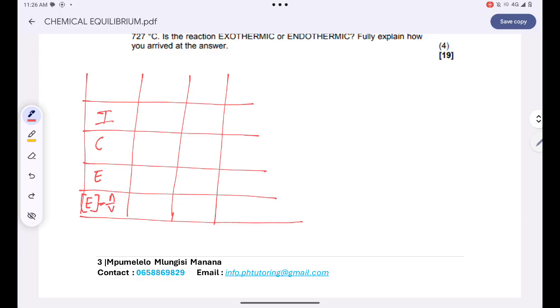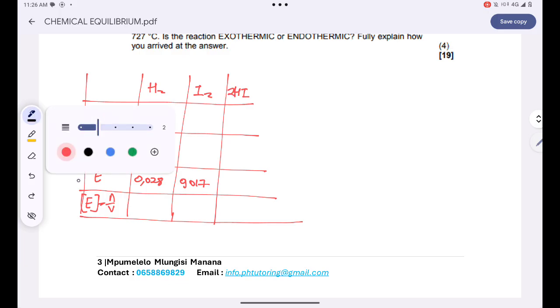That's n over V. I was only given the number of moles at equilibrium. I was told I have 0.028 over here and 0.017 over there. I have hydrogen, I have iodine, and I have hydrogen iodide.